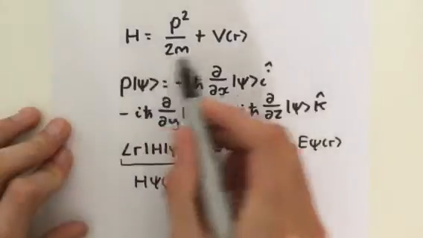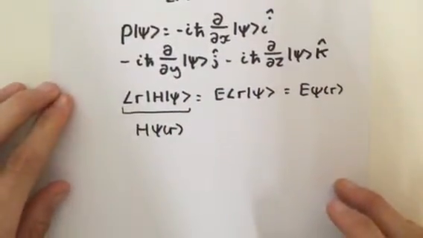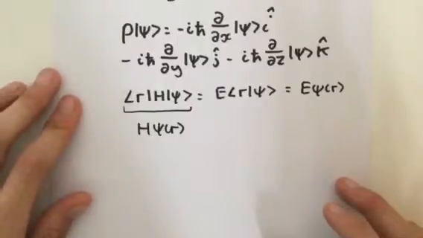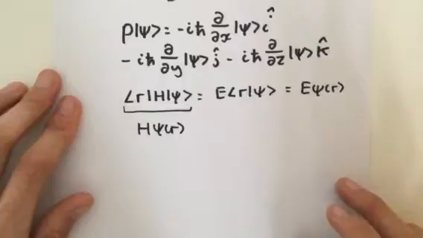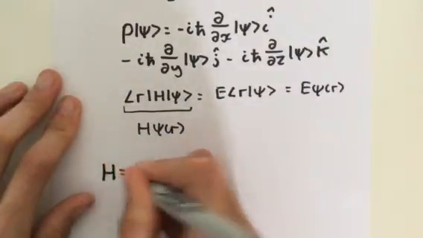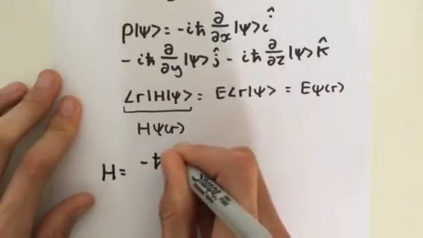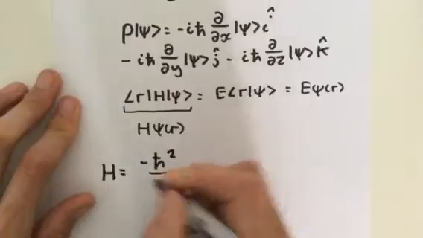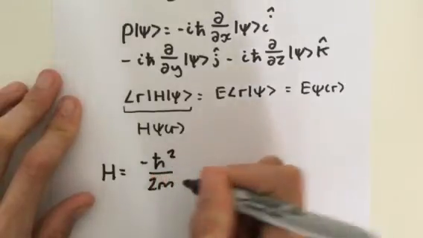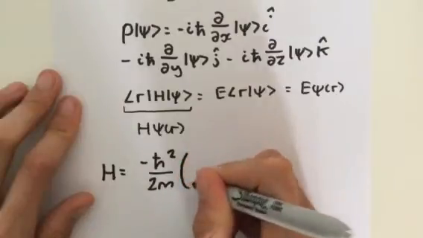Therefore, using the Hamiltonian we have up here and our momentum operator, we can substitute the momentum operator for P in the Hamiltonian. So we're going to get H is equal to minus h bar squared divided by 2m, and then of course we have our momentum operator.